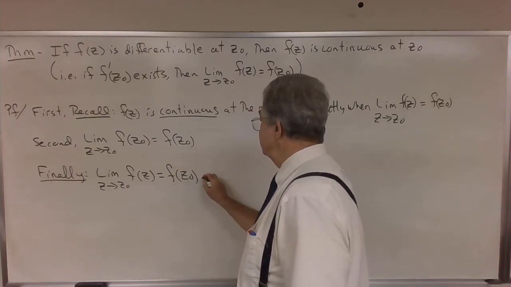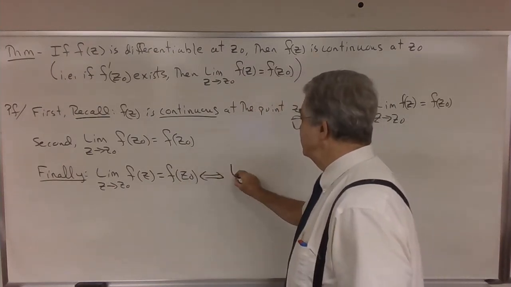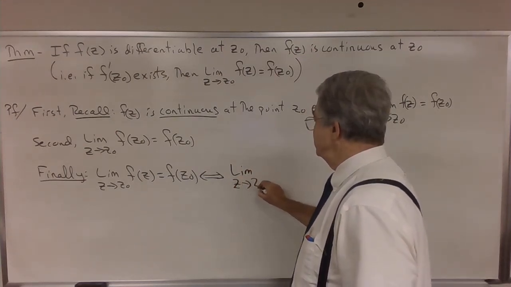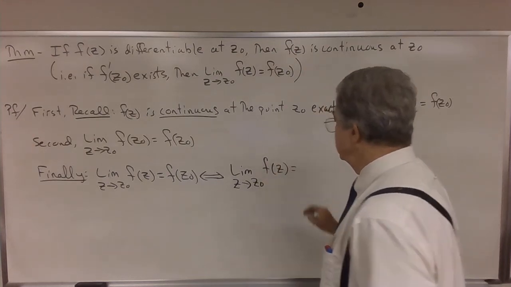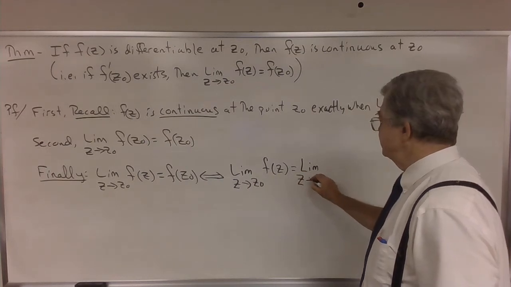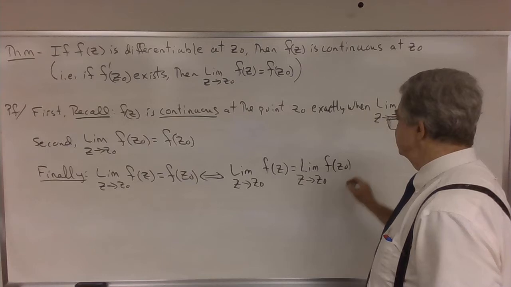So this is true if and only if the limit as z approaches z naught of f of z is equal to the limit as z approaches z naught of f of z naught.